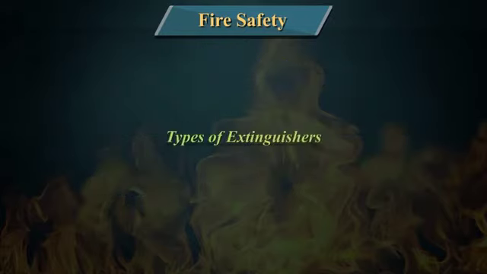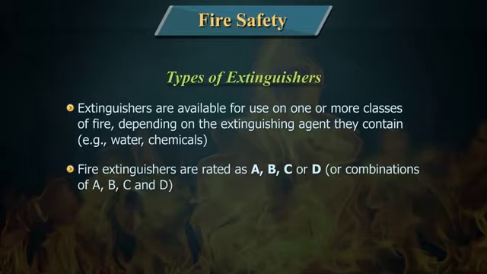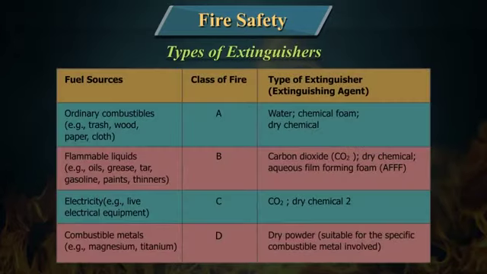Types of extinguishers. Extinguishers are available for use on one or more classes of fire depending on the extinguishing agent they contain. Example, water, chemicals. Fire extinguishers are rated as A, B, C, or D, or combinations of A, B, C, and D. Now let's see the chart below.